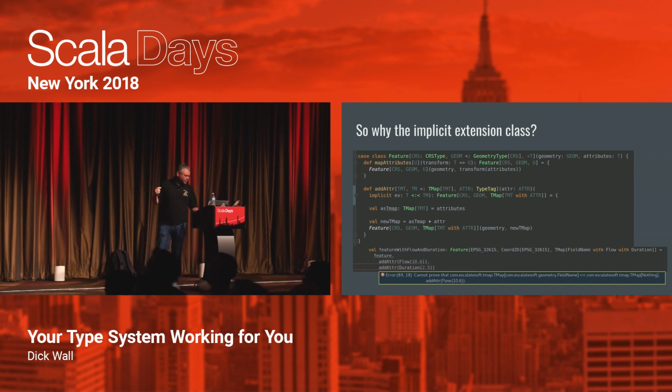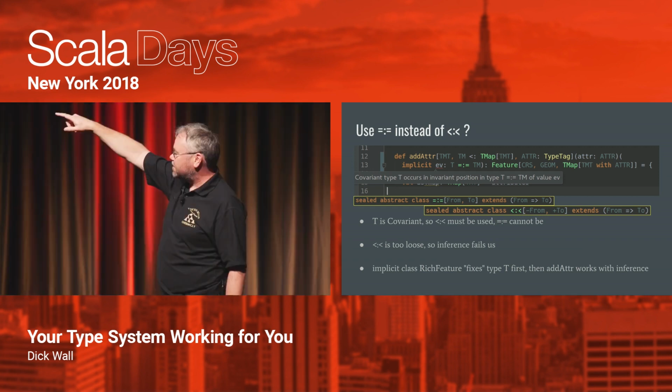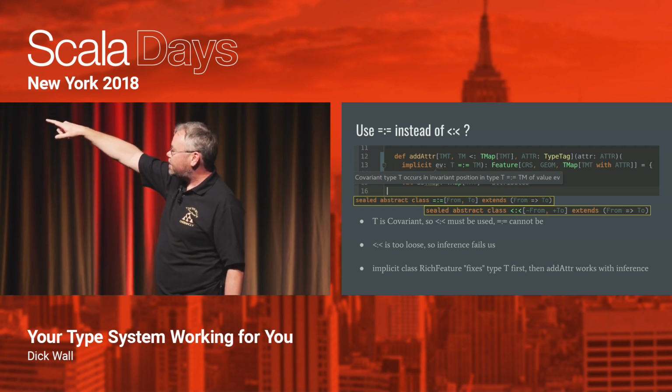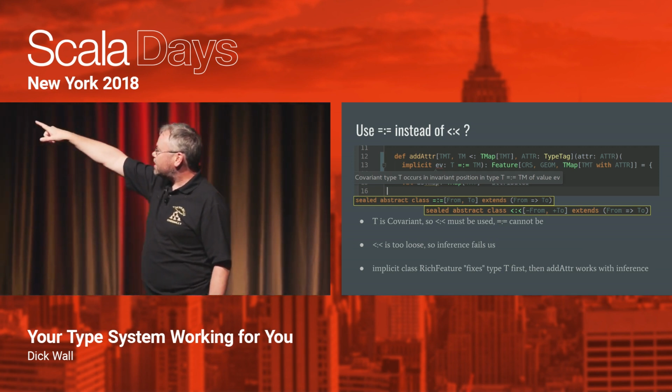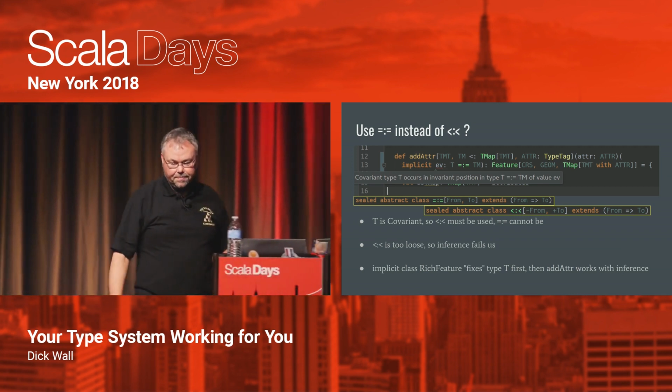So by introducing, oh, and if you use equals colon equals, as I said, those are invariant. Here's the signatures from the Scala source, from the Scala core libraries. And you can see from and to are invariant there, whereas in the case of the second one, to is covariant, so we can use T in that place.